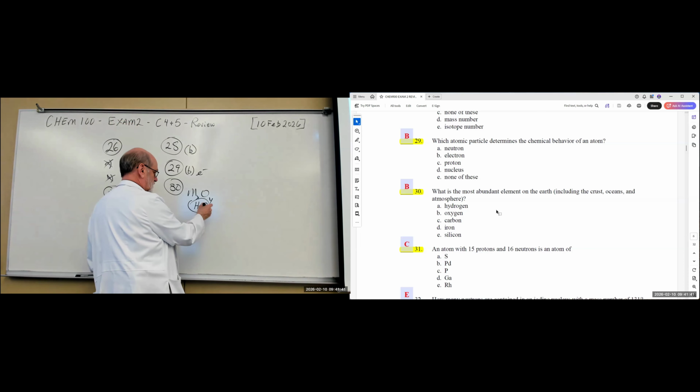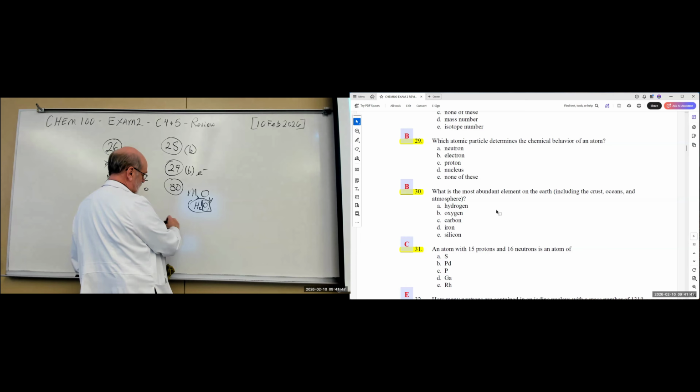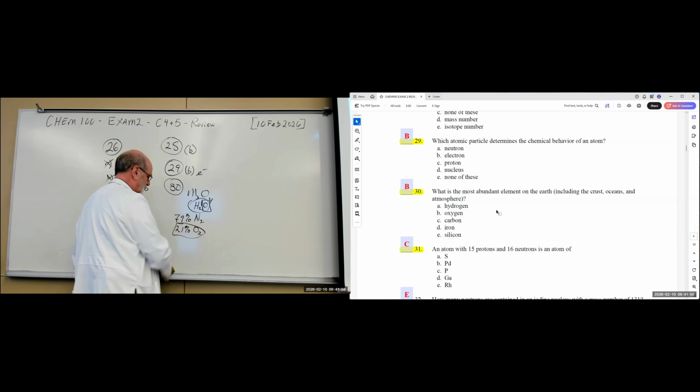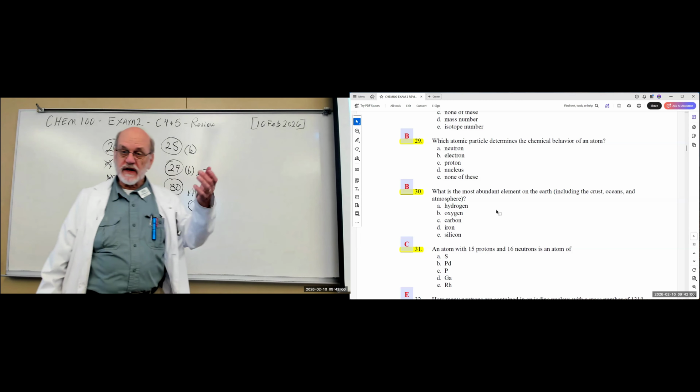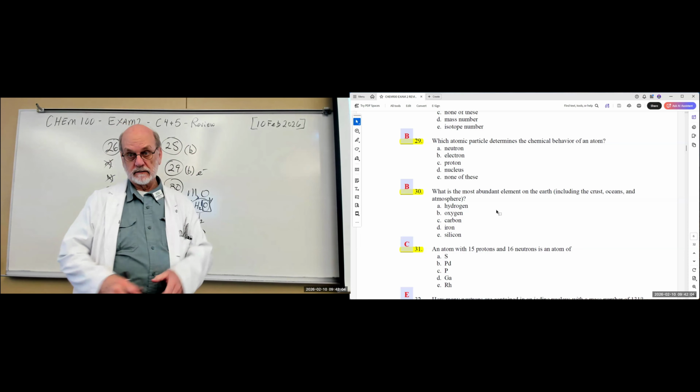So there's your oxygen. And the atmosphere? The atmosphere is 79% nitrogen and 21% oxygen. So combine those three, crust, ocean, atmosphere, and oxygen is the winner.